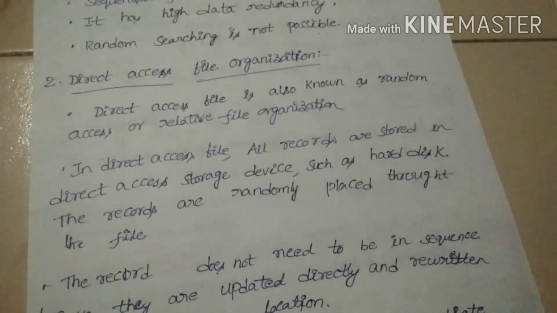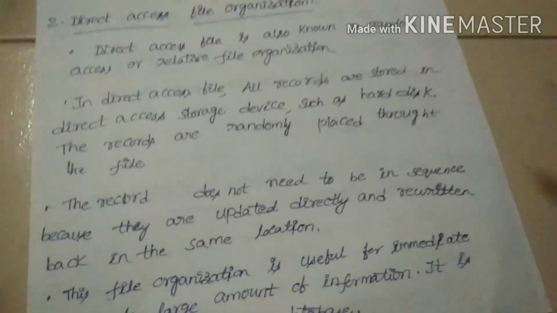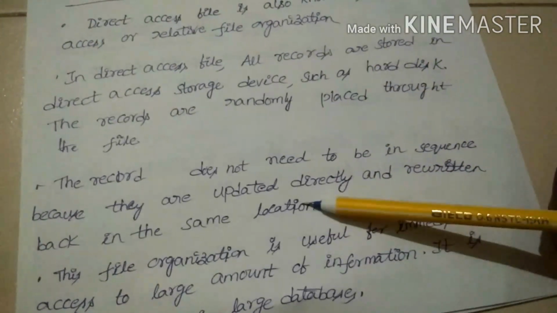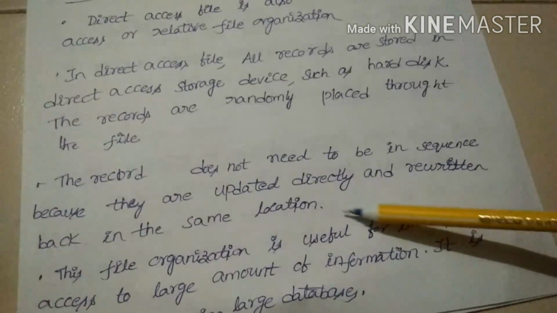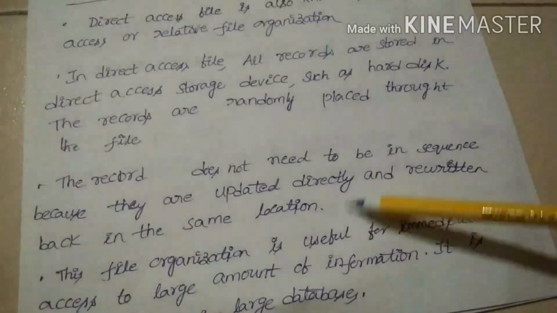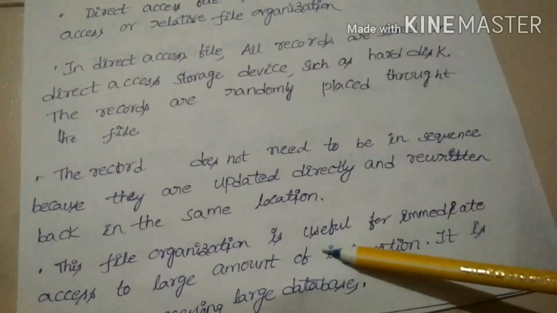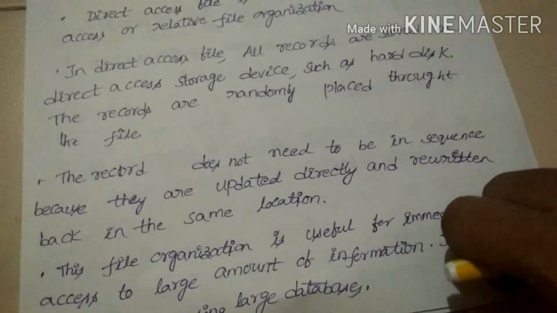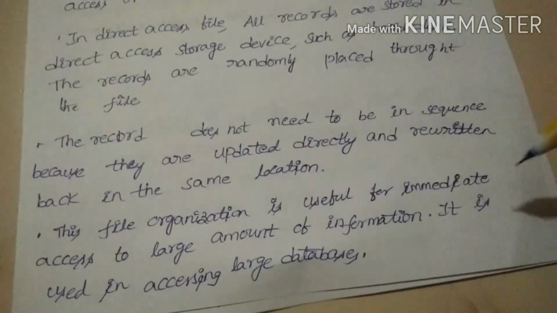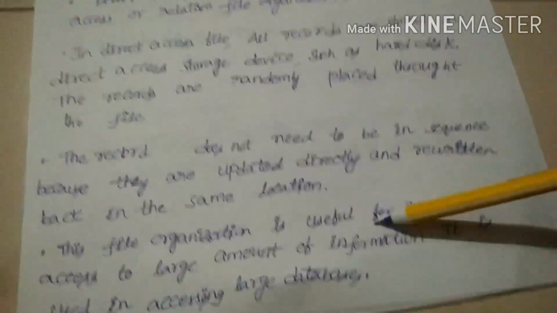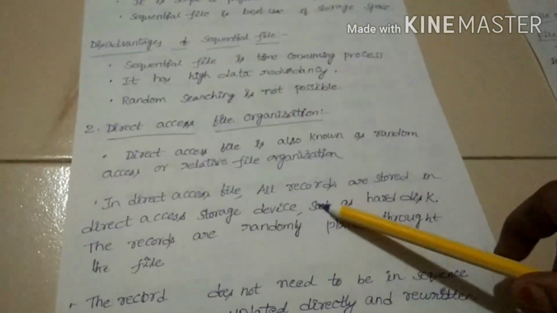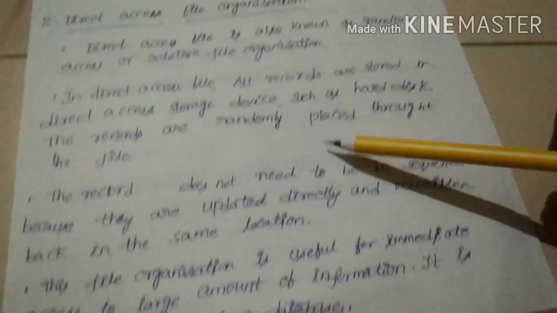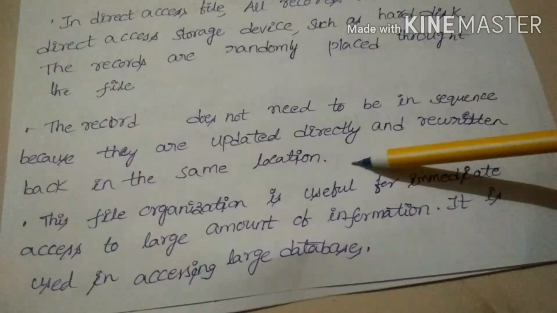Here, the records do not need to be in sequence because they are updated directly and rewritten back in the same location. Next, this file organization is useful for immediate access to a large amount of information. It is used in accessing large databases.